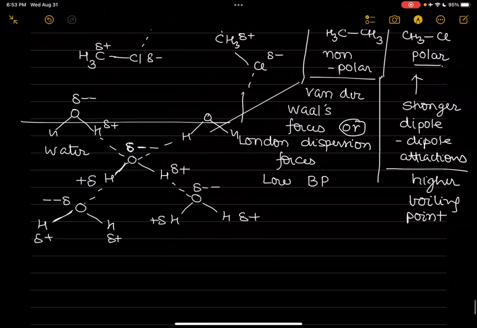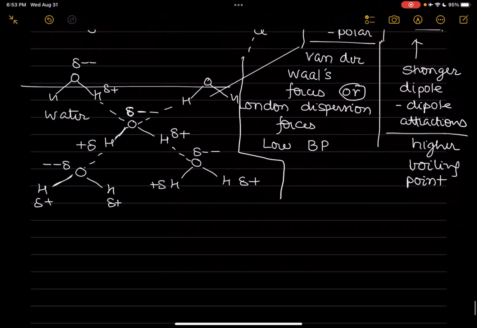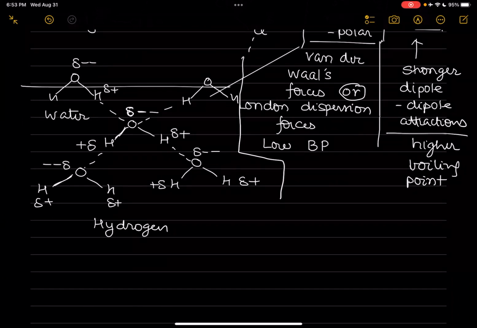It is not a dispersion force. It is much stronger than dipole, much stronger than dispersion. Though it is a dipole, it is a special kind of dipole. It is known as hydrogen bonding. Hydrogen bonding is a special case of dipole attraction where the positive end is H plus.